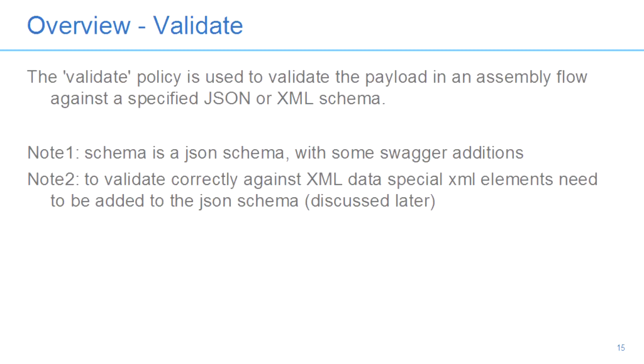There's two notes here that the schema defined is a JSON schema, and it has some additional Swagger additions into that. Specifically, the Swagger extensions are used to correctly validate against XML data. So you generate one JSON schema that can be used to validate JSON content or XML content.